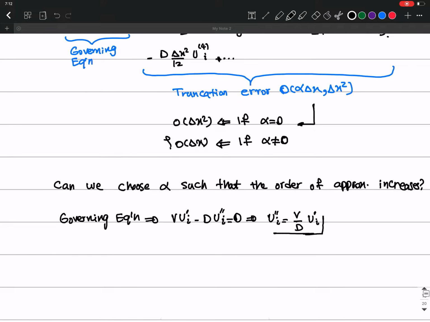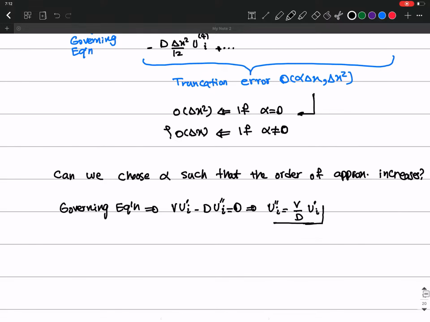Okay. And this is going to give us another interesting relationship. If we take another derivative of both sides of this equation, d over dx, v over d is a constant. So u triple prime i is v over d times u double prime i.